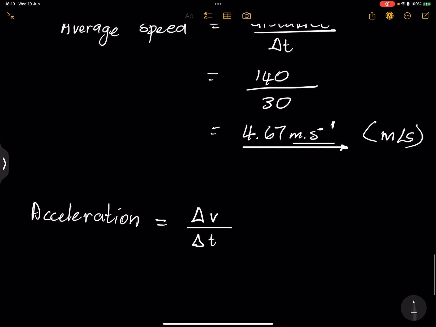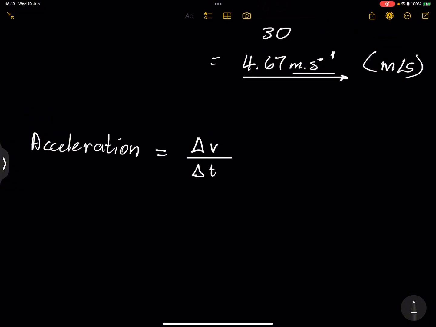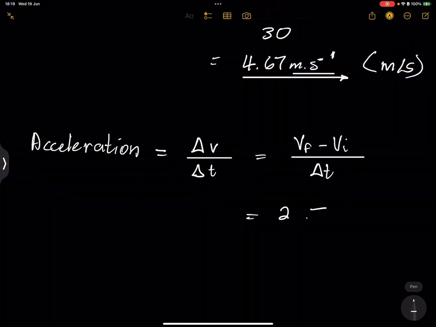So that would mean if I'm calculating the average acceleration, that would be final velocity minus initial velocity divided by the change in time. So my final velocity was 2 meters per second. Okay, we don't need to use our SI units there. Minus, what was our initial velocity? Remember, initially it was at rest. This is divided by the time that it took, and this was 30 seconds.